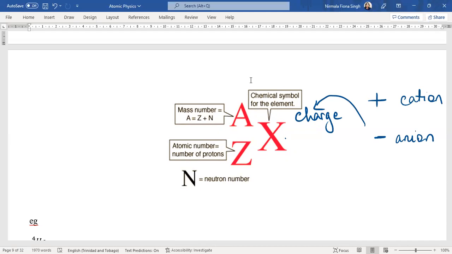But in physics, we really don't talk about cations and anions very often because it doesn't play a part in the things we're looking at. In chemistry it's important for ionic bonding, but in physics, not so much. We should still know where we record our charge.